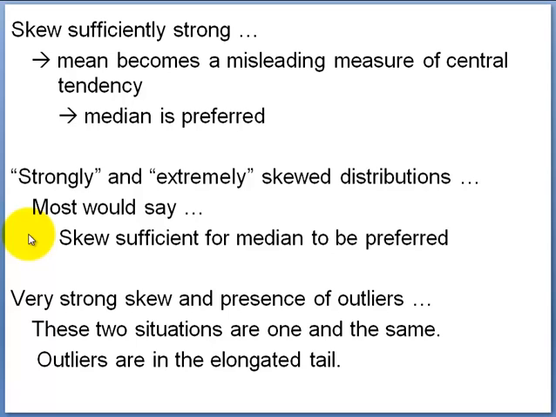And I've already discussed this point here. Very strong skew and the presence of outliers in one tail, those two situations are basically one and the same, and indeed the outliers are in the elongated tail.